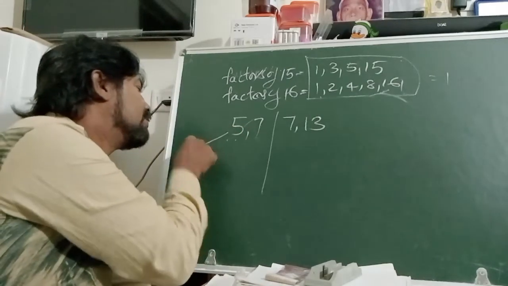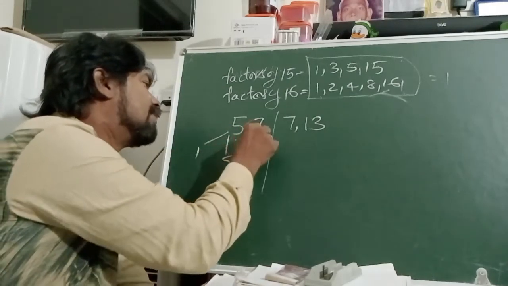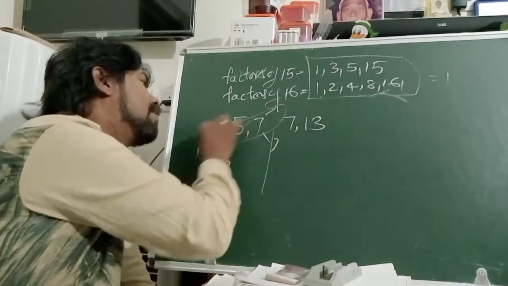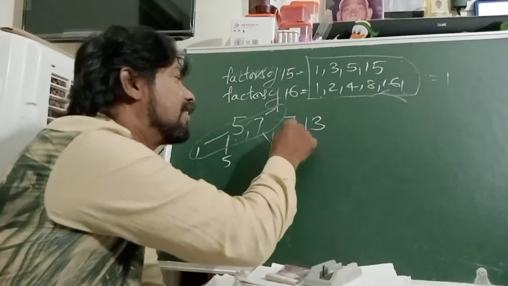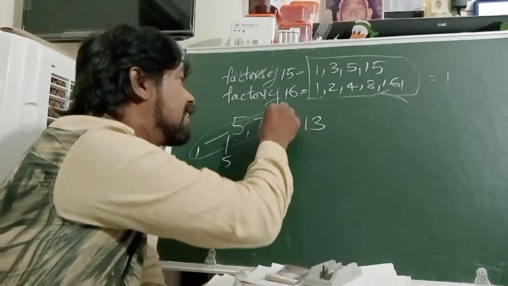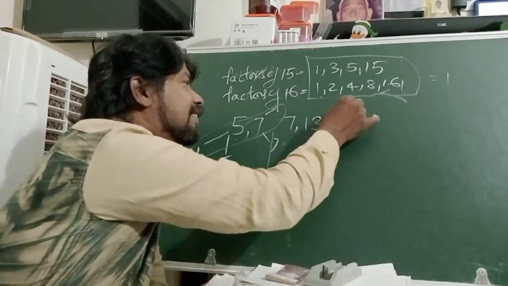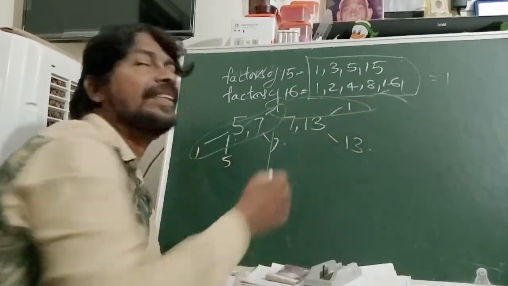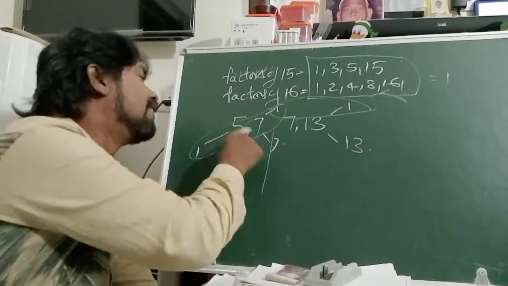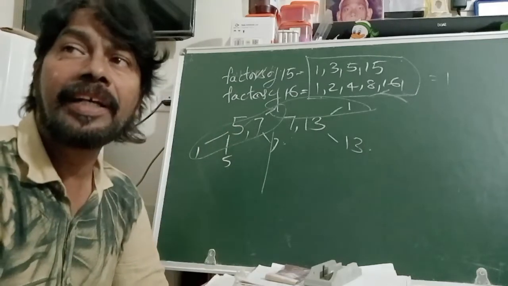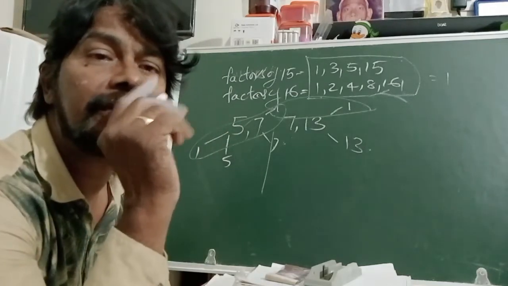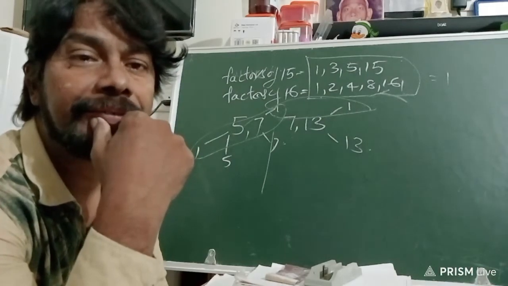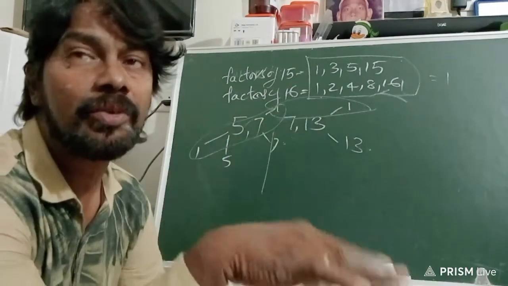Factors of 5 are 1 and 5, factors of 7 are 1 and 7, so only 1 is common. Factors of 7 are 1, 7 and factors of 13 are 1, 13, so the common factor is only 1. That's why two prime numbers are always co-primes. Two consecutive numbers are always co-primes.